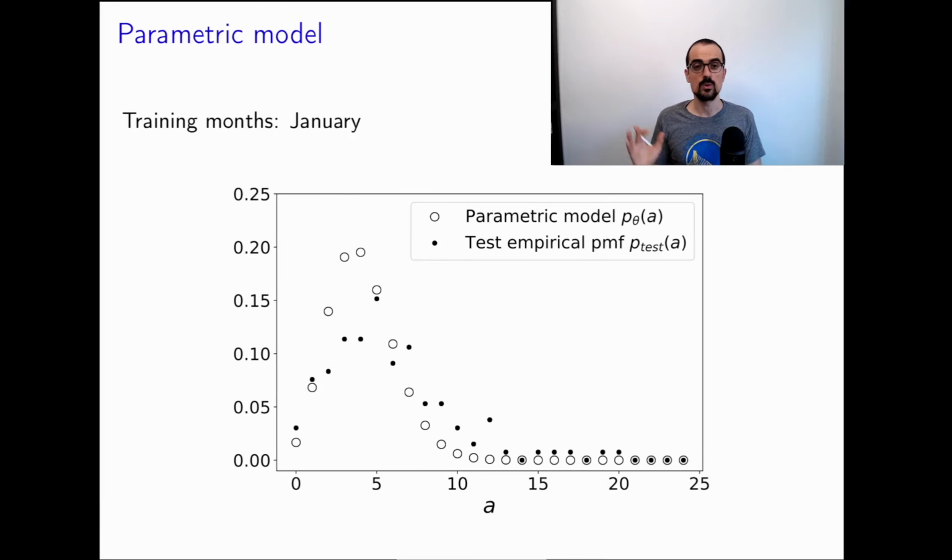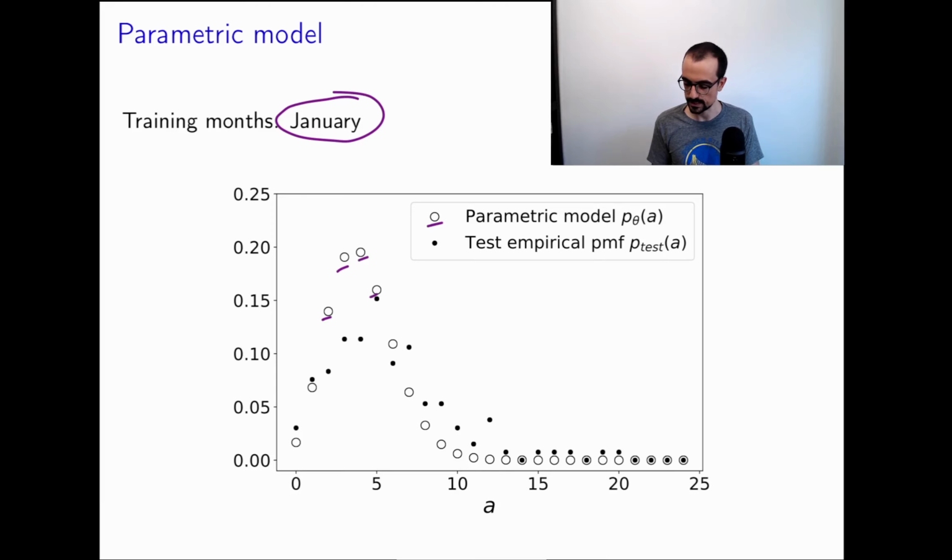Okay, so we do that. We train. What I'm going to do here, and this goes back to the point I was making earlier, is see how the parametric and the non-parametric models compare if I use different amounts of training data. Here I'm only using January to train the parametric model, and what I get are these circles.